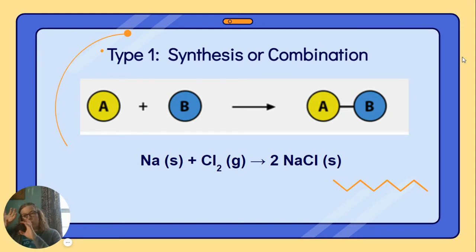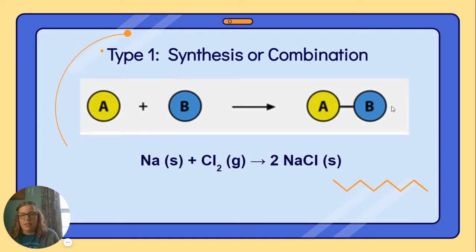It could be 2 different reactants and then one product. It could be 4 reactants and one product. It depends on the specific reaction, but the way that you know them generally is that we have multiple things on our reactant side and then one thing on our product side. And so they combine together.